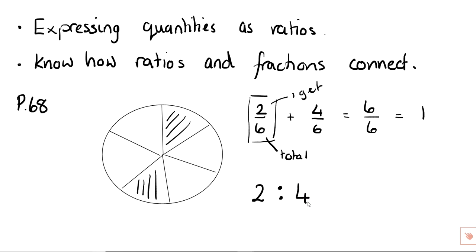So using a fraction, I can tell what I get, I can tell what the total is, and I can work out how much you get. But a ratio is what I get and what you get, so I compare directly what you get and what I get. I can still tell how many there is in total, because I know that 2 plus 4 makes 6.